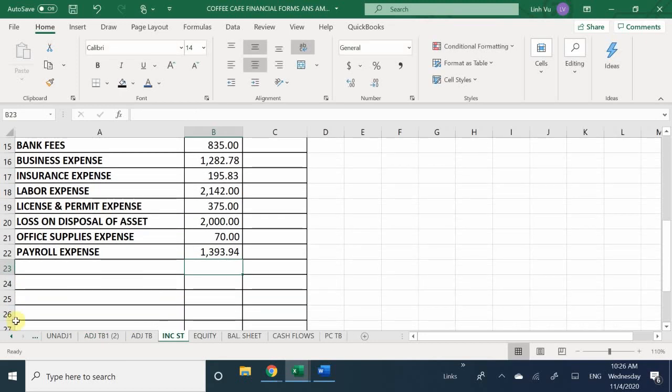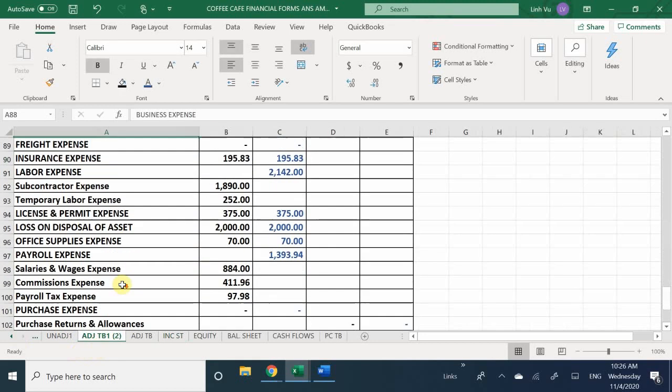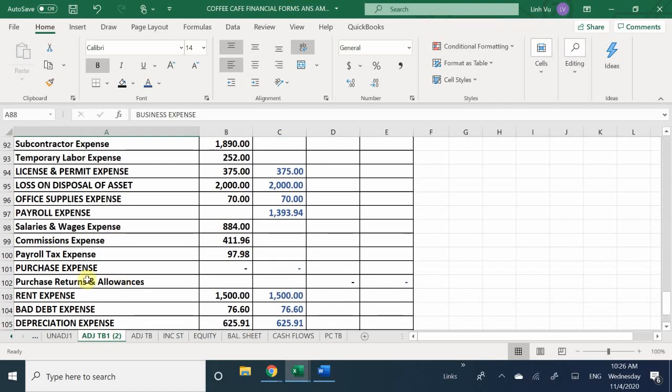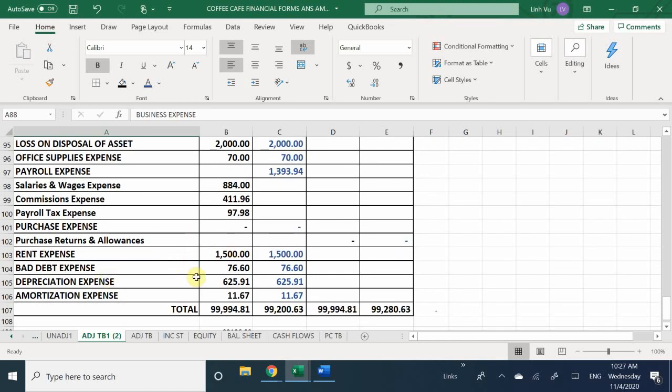Okay. And then let's see what else I had. I had purchase expense. It's zeroed out. Purchase returns and allowances is a contra, so that's also zeroed out. I have rent, bad debt, depreciation, and amortization expense.